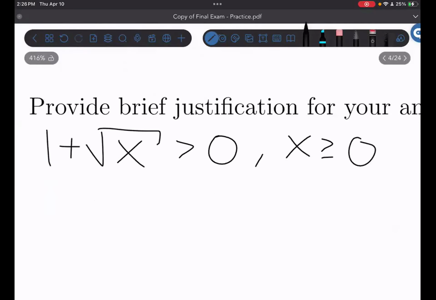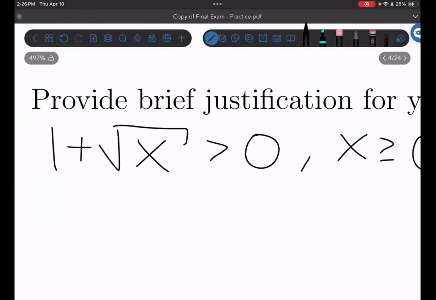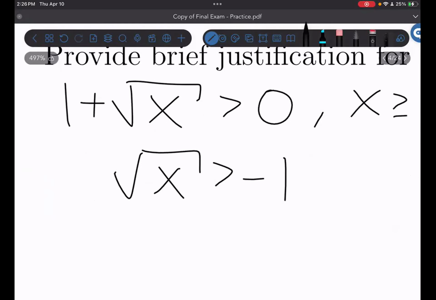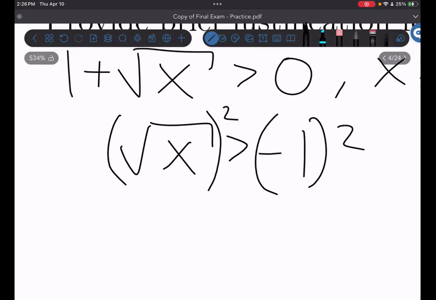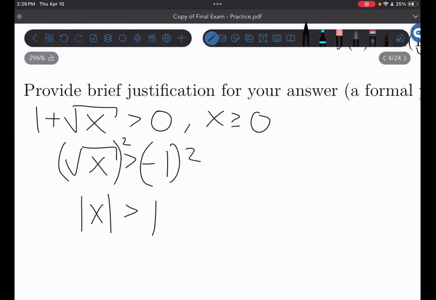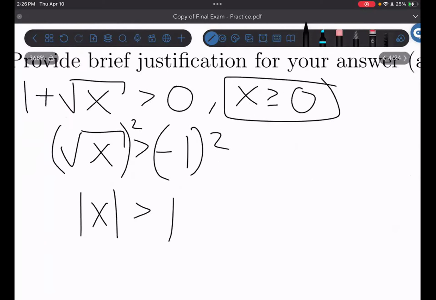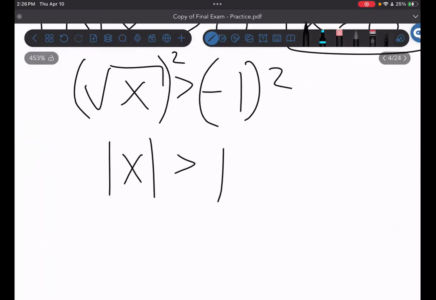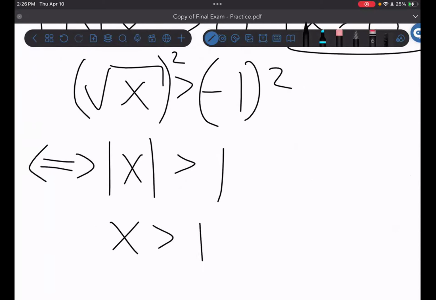So if I solve for it, the square root of x has to be greater than -1, and I square both sides. I get that the absolute value of x has to be greater than 1. But since we've already established that x is either 0 or greater than 0, we can just get rid of the absolute value sign. So then it just becomes x is greater than 1.